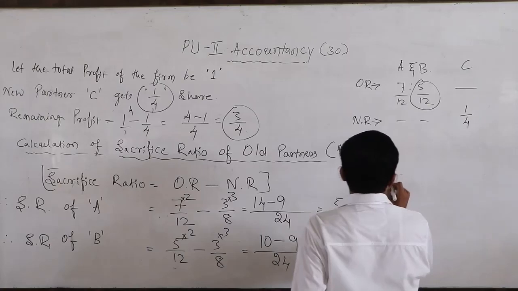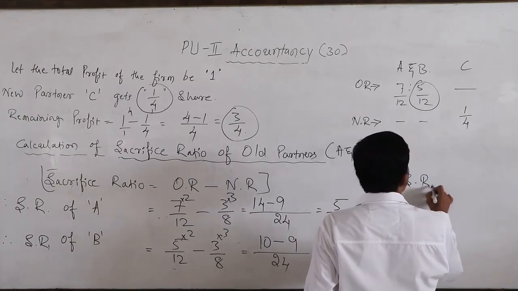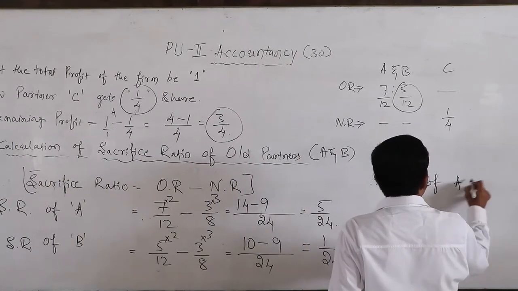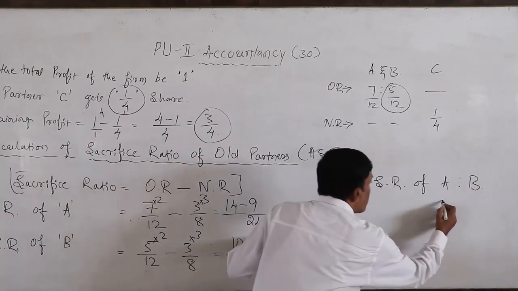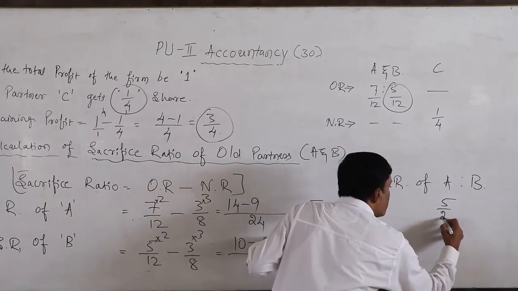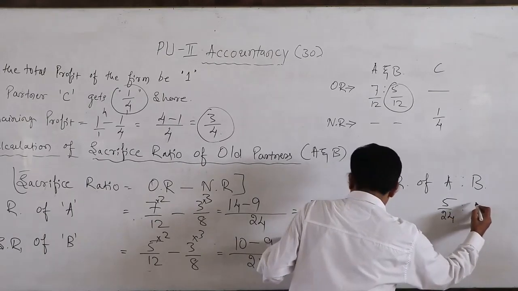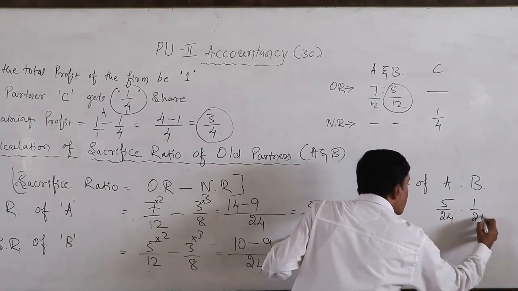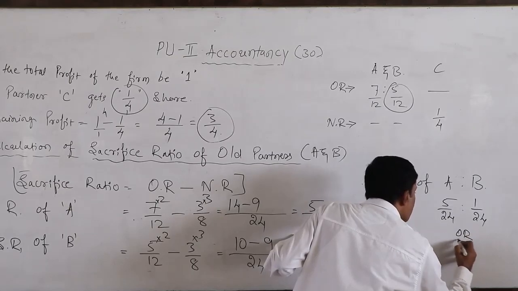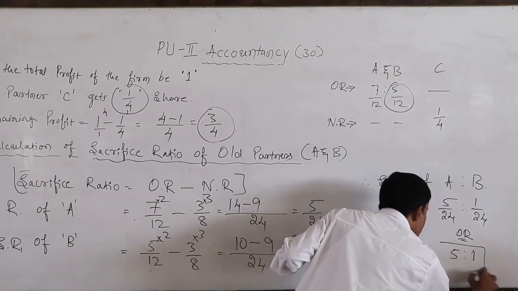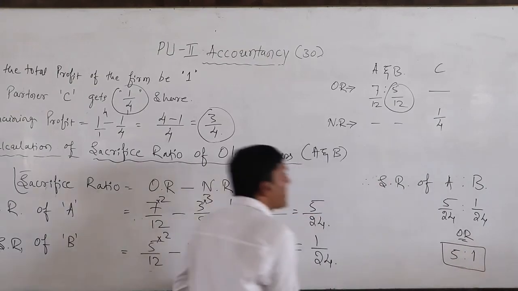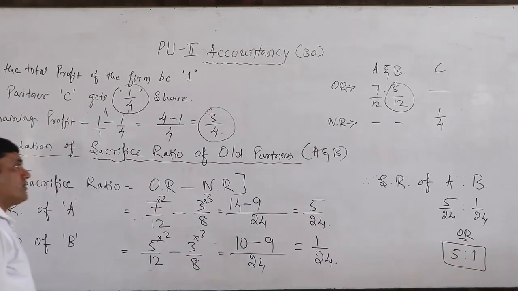So therefore, sacrifice ratio of old partners A and B is 5 by 24 is to 1 by 24, or you can write 5 is to 1 is the sacrifice ratio of old partners.